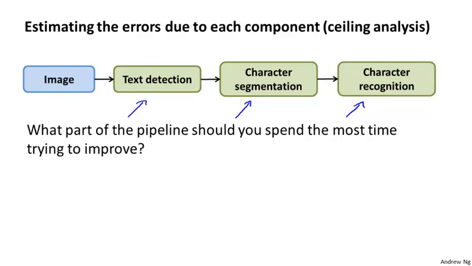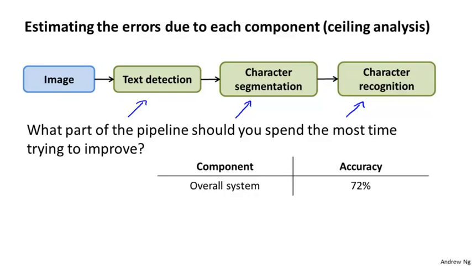As in the development process for other machine learning systems, in order to make decisions on what to do, it is very helpful to have a single real number evaluation metric for this learning system. So let's say we pick character level accuracy. Given a test set image, what is the fraction of characters in the image that we recognize correctly?